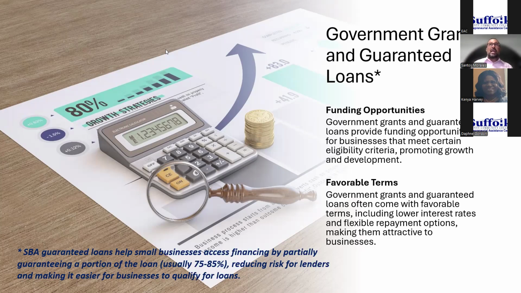So let's say that I go to Chase, I apply for a $100,000 loan. I don't meet all the criteria, but I get put into the SBA loan process. Let's say that the SBA approves my application, they will guarantee to Chase up to $85,000 of that $100,000 loan.